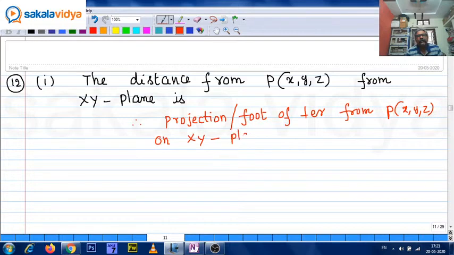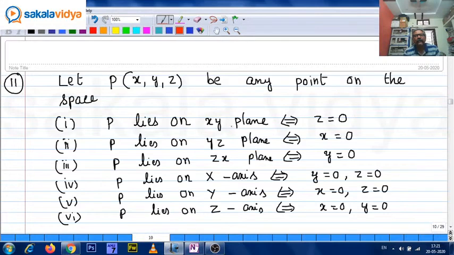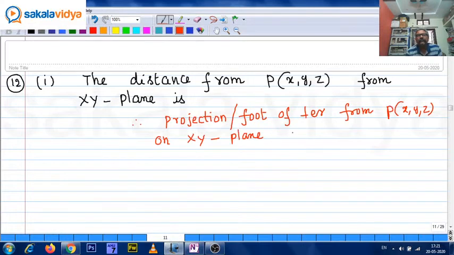We know that on the xy plane z is equal to 0. So z equal to 0 means the foot of the perpendicular becomes Q, here (x, y, 0). That means now we need to find the distance from P to this point Q. That is the required distance.